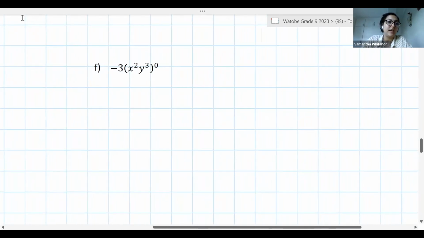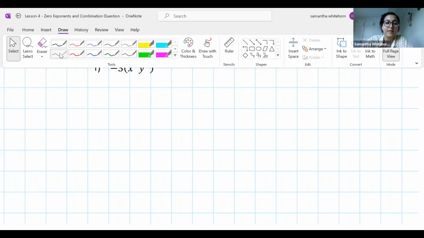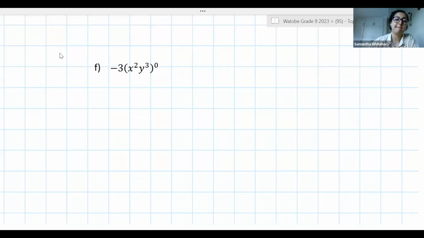If we move on over to F, what is the answer? Okay, Emmanuel, help me with F. Or do you have a question? I have a question, but I can also answer, ma'am. Okay, do your question first. Hey, ma'am. So what I did is I said negative 3 brackets x to the power of 0 and y to the power of 0 close bracket, and then I said negative 3 brackets 1 plus 1 close brackets.